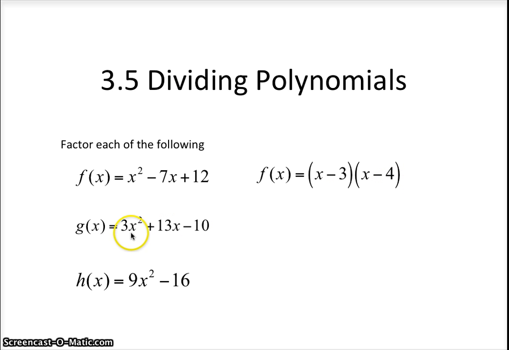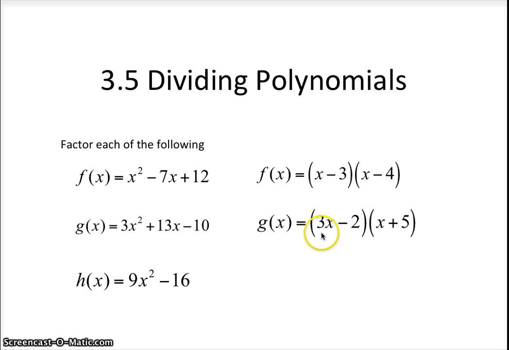Now if we try g of x, we're thinking what multiplies to negative 30 and adds to a positive 15. So you're trying to think of what breaks down to multiply to get 3x squared. We can only use a 3x and a 1x. And then we have to think of how we can break down a negative 10 and get our middle term to be 13x, with a 15x and a minus 2x.